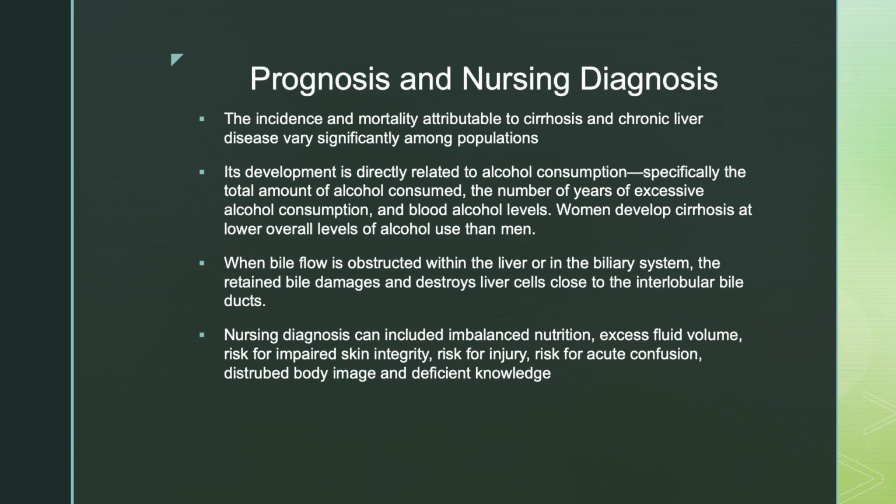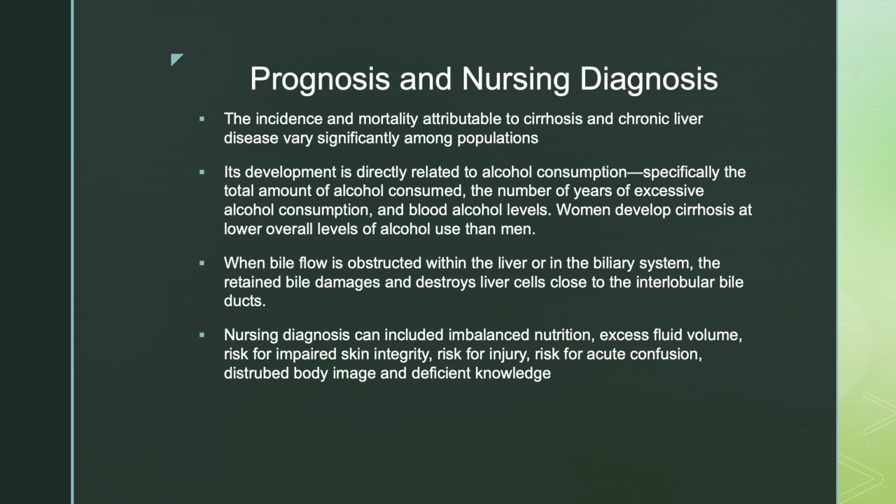So if its development is directly related to alcohol consumption, specifically the total amount of alcohol consumed, the number of years of excessive alcohol consumption, and blood alcohol levels. Women also develop cirrhosis at lower overall levels of alcohol use than men. And the biliary flow is also going to determine how fast the liver cells are destroyed.